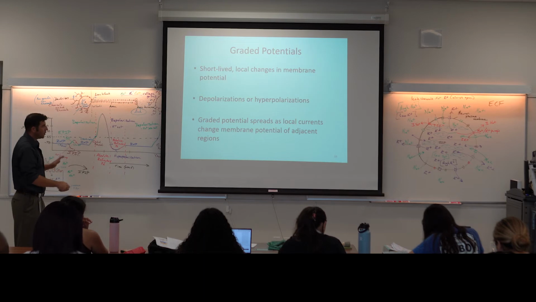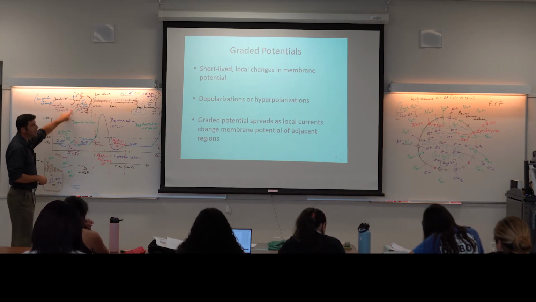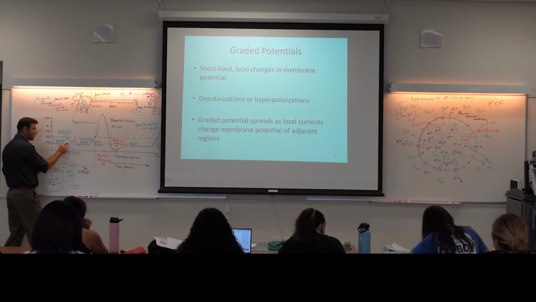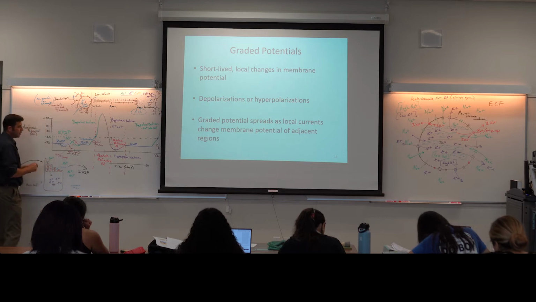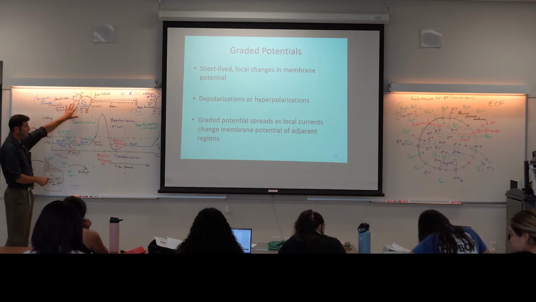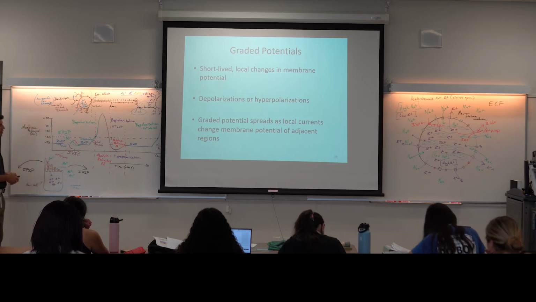Okay, so different parts of the neuron. Graded potentials, like we were just saying, are short-lived chemical signals. They may cause, like we were showing right here, a slight depolarization or a slight hyperpolarization. But if we don't cross threshold, we're never involving these voltage-gated channels. It's just still the realm of chemically gated channels.